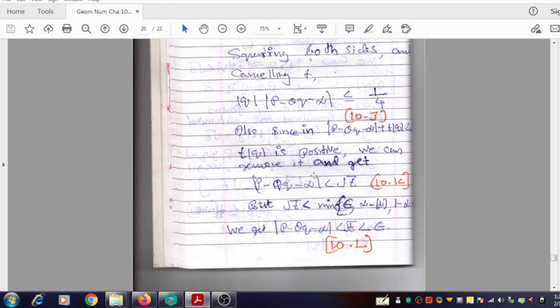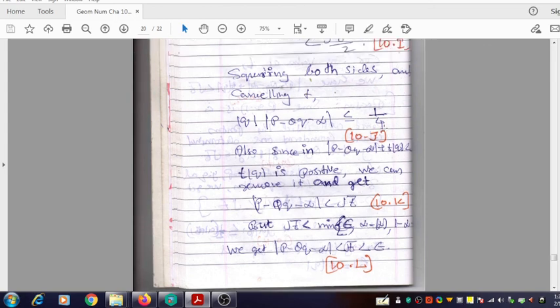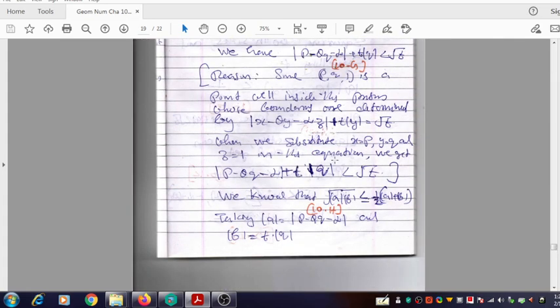Since t into modulus of q is positive, we can remove it from this inequality here. The same inequality we use, since this quantity t into modulus of q is positive. If this quantity is removed, the inequality continues without being affected.